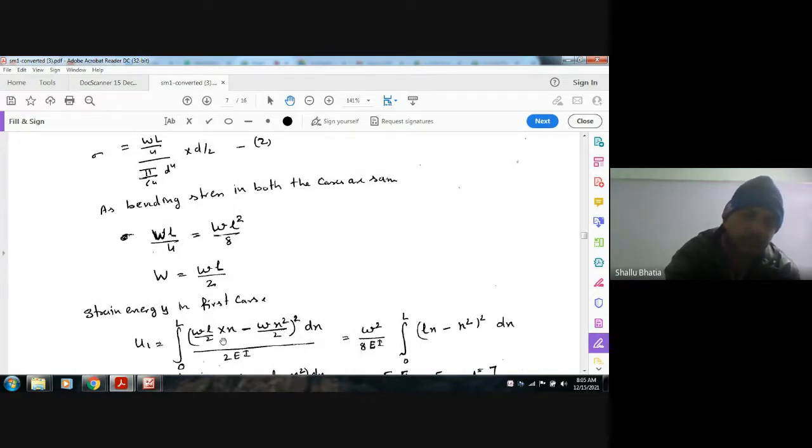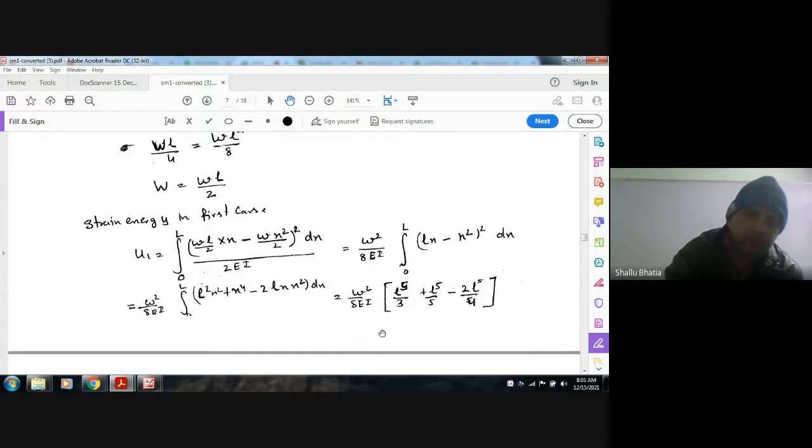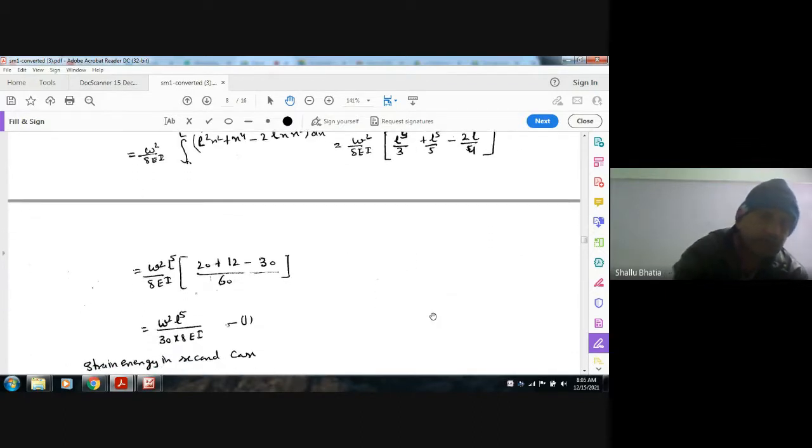So putting the limit 0 to L, we get w square by 8EI integral of Lx minus x square. Integrating them, we can have this as w square L to the power 5 by 240 EI.